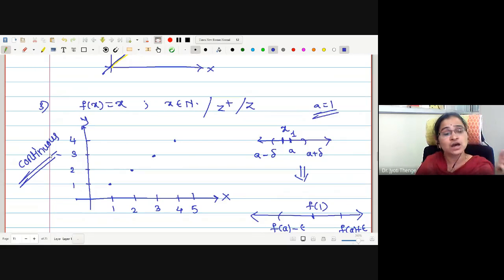This function is continuous. Though we do not have a continuous curve as the graph of the given function, still the function is continuous. Therefore, one can make a very easy statement: whenever a function is defined on the set of integers, positive integers, or natural numbers, the function is always continuous. Without knowing the nature of the function, one can guess this.